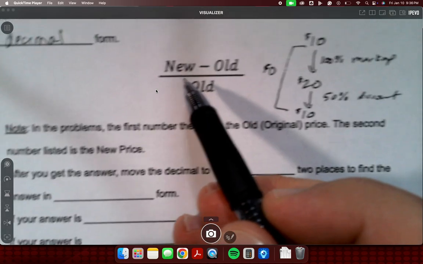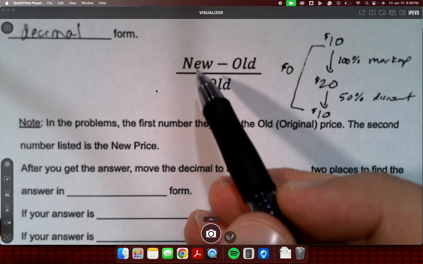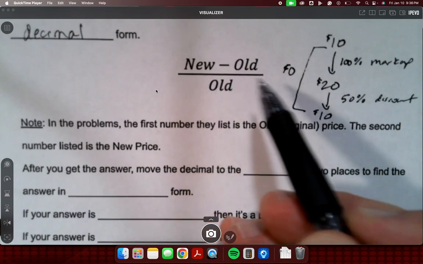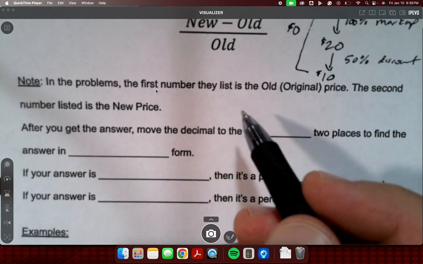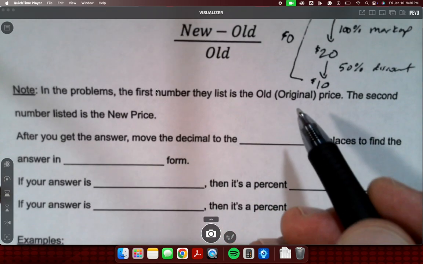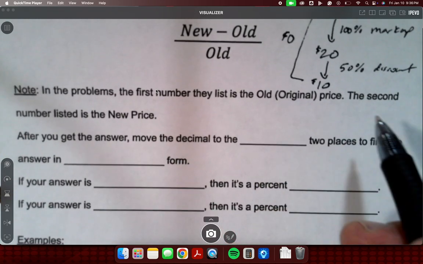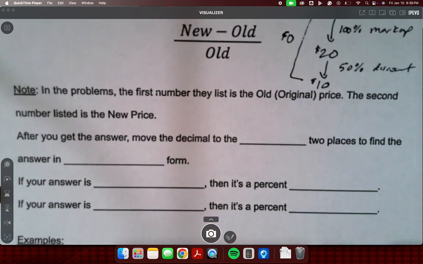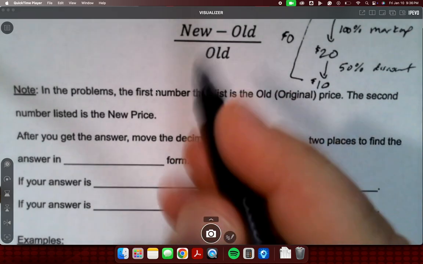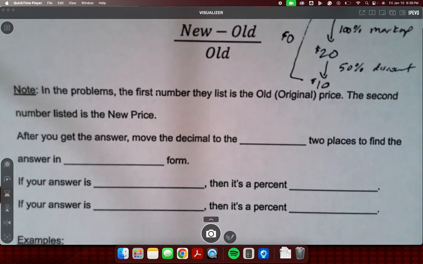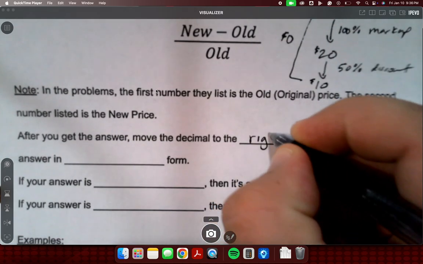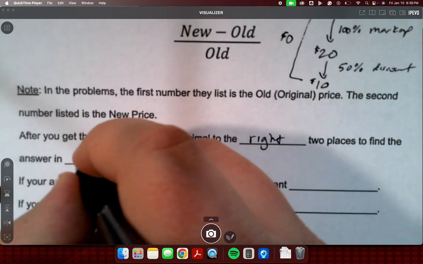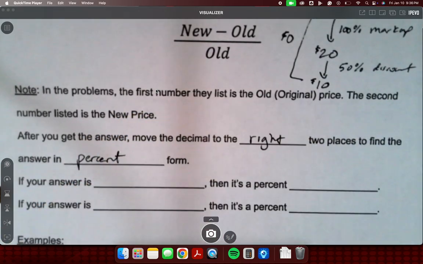Okay, so the formula you got to remember is new minus old, all divided by old. So in the problems, the first number they list is the old, or sometimes it's called the original price. The second number listed is the new price. After you solve this, you evaluate this, and you do it in the calculator, that's fine. You got to move the decimal to the right 2 places, because we want our final answer to be in percent form, not in decimal form.